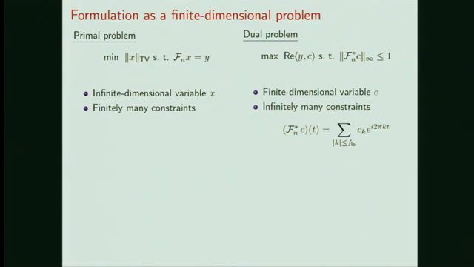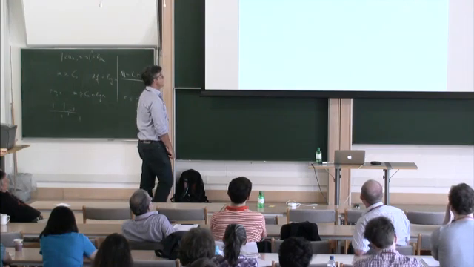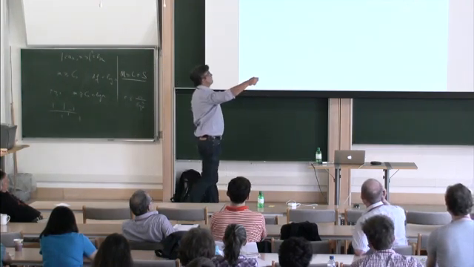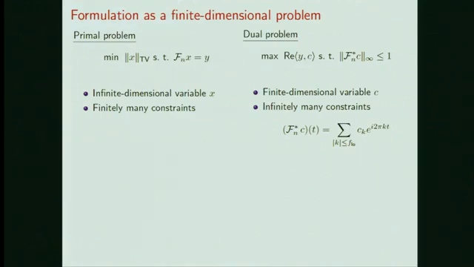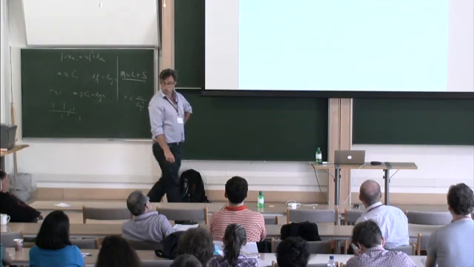So I can look at the dual, and the dual of this problem is: I need to maximize the dot product between the data vector y, the observed Fourier coefficients, and c, which we'll see are the coefficients of a trigonometric polynomial, such that when I plug in this c as the coefficients of a trigonometric polynomial, this trigonometric polynomial is bounded in magnitude by 1. That's the dual.